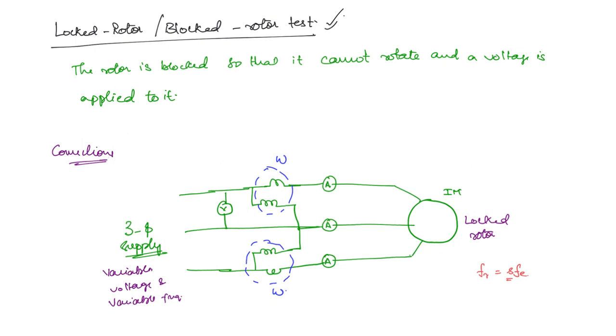Okay, so in order to replicate the actual operating conditions, what is the actual operating condition? The rotor frequency will be 2 to 4% of the line frequency under normal operation. So in order to replicate this, what we do is we perform the test at a lower frequency.